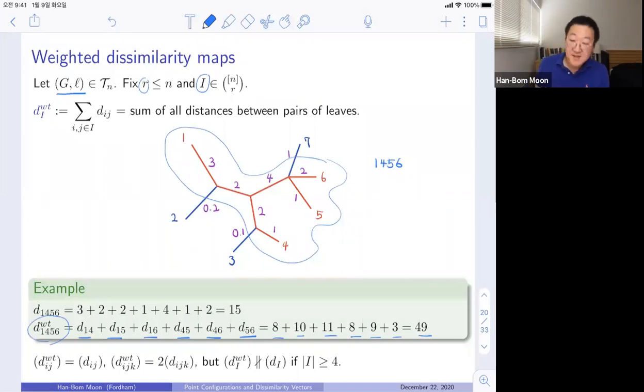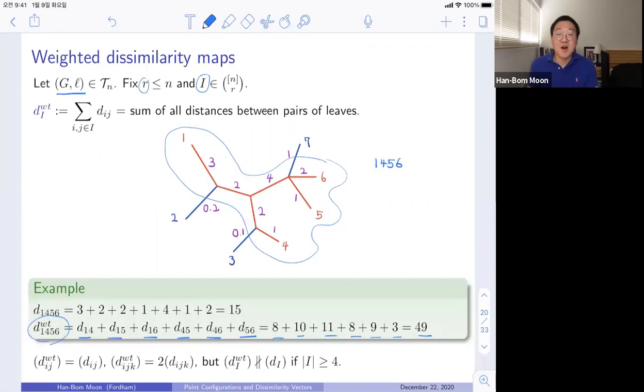Okay. So is it clear the difference between the original dissimilarity and our weighted version? Well, one thing you can easily check is that when the size of the subset I is 2, then this is equal to the ordinary distance, obvious.